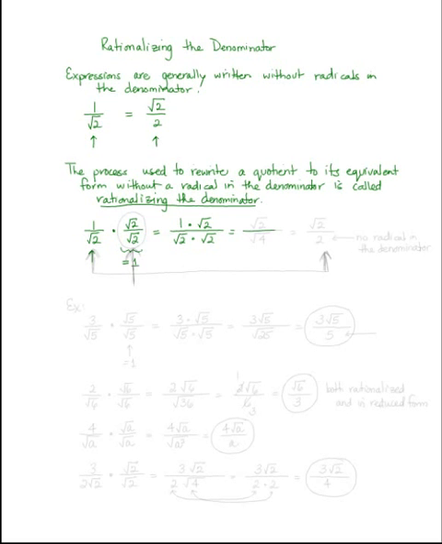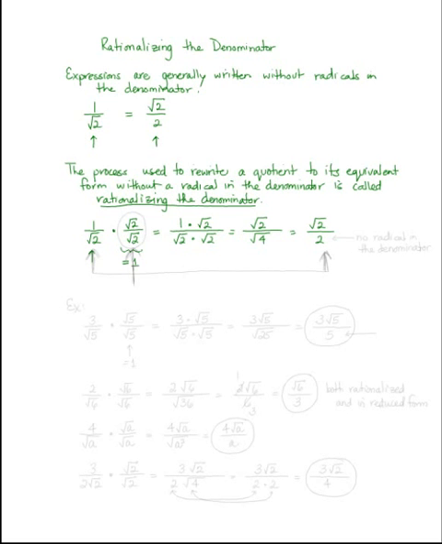So in our numerator we have 1 times the square root of 2, which is just the square root of 2. In our denominator we have the square root of 2 times the square root of 2, which is the square root of 4. But we also know that the square root of 4 is equal to 2. Our numerator stays square root of 2 since there's no way to simplify that particular square root.